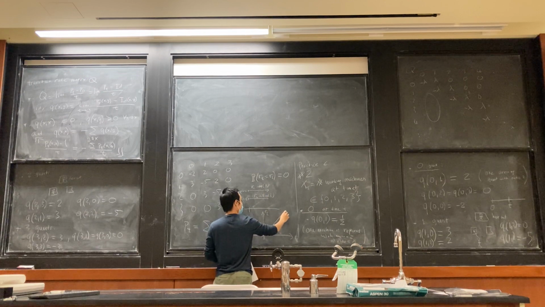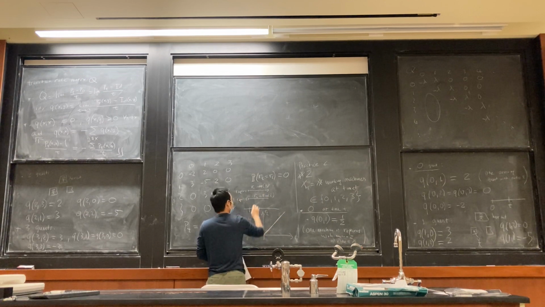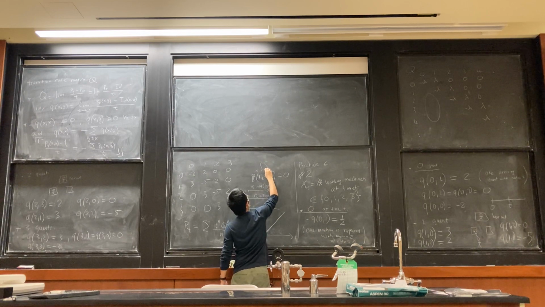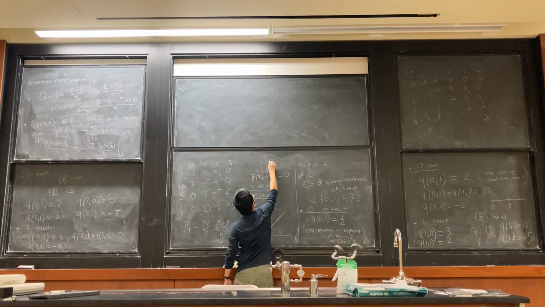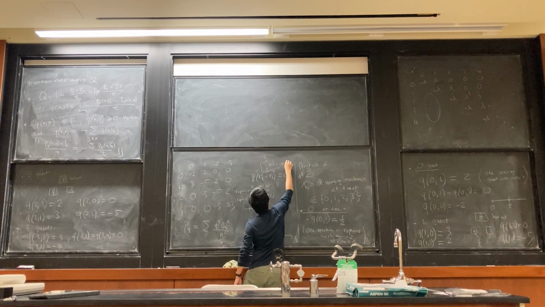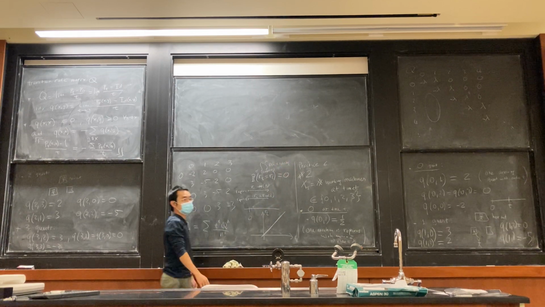That means you integrate on this main diagonal over here. What is that? The integral on this diagonal of the joint density of R1, R2.